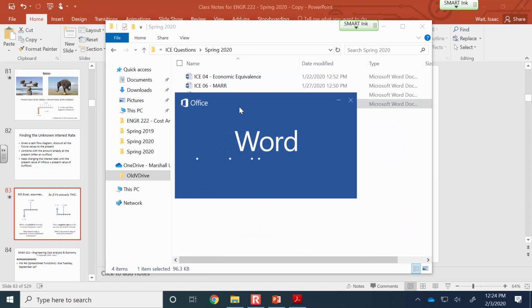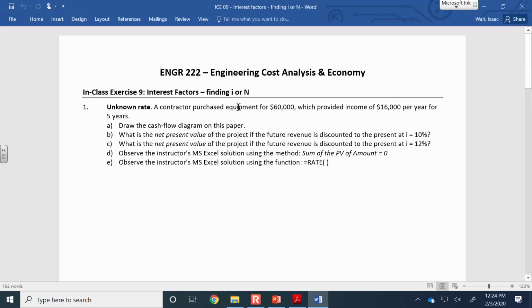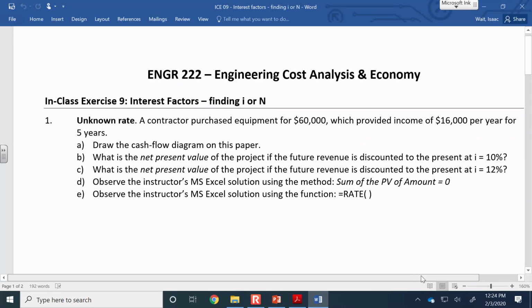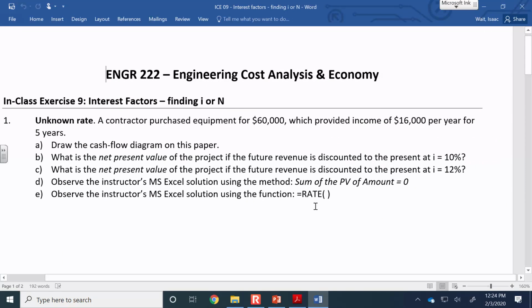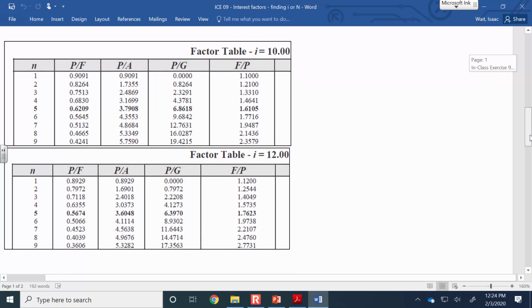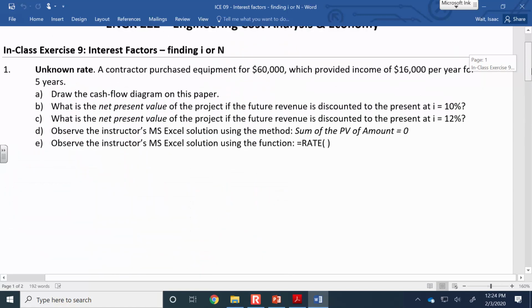All right, the first thing we're going to do: we have the assumption that you bought equipment for $60,000, and it gives you income each year for 5 years. I'd like you to use the tables. There are some cash flow tables provided, the 10% table and the 12% table.